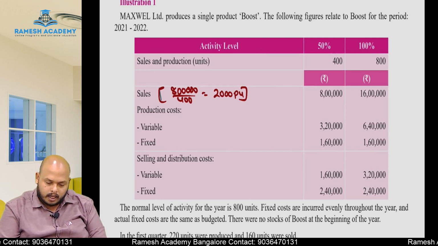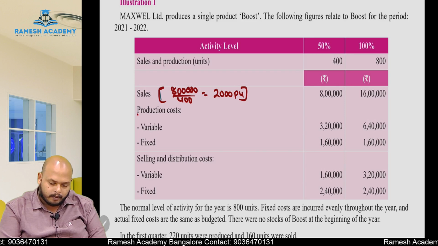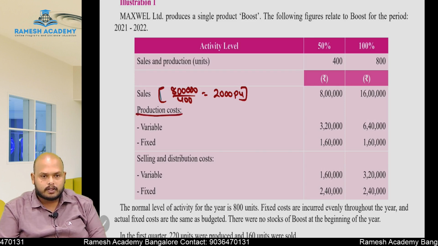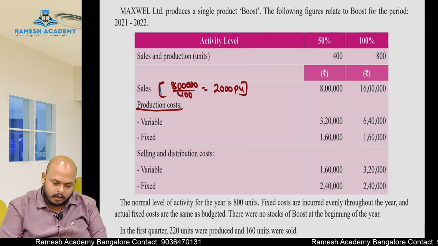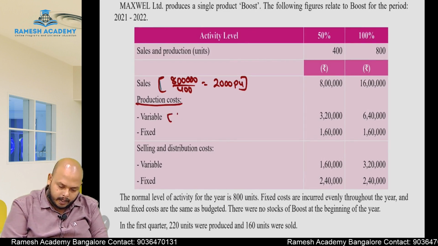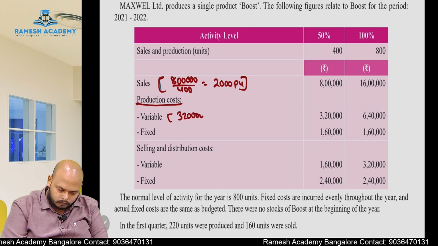Under production cost, they gave variable production cost and fixed production cost. The variable production cost is 3,20,000, so 3,20,000 divided by 400.